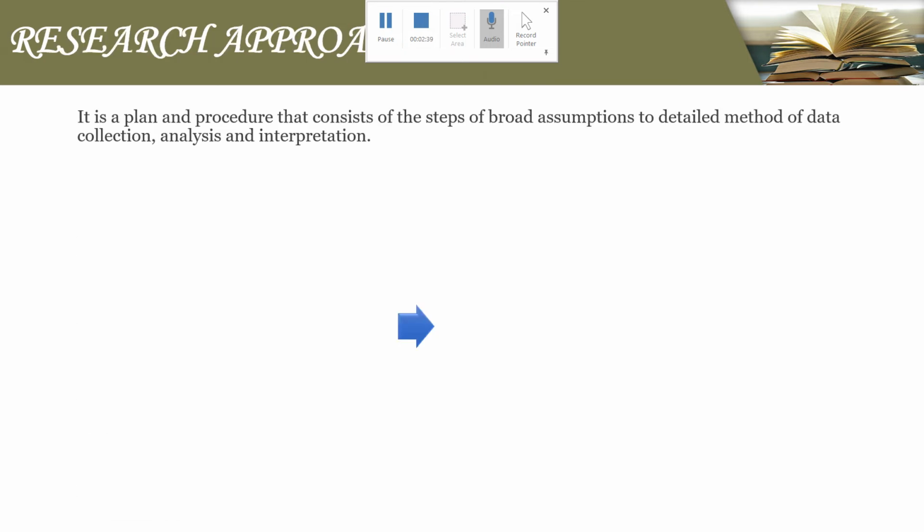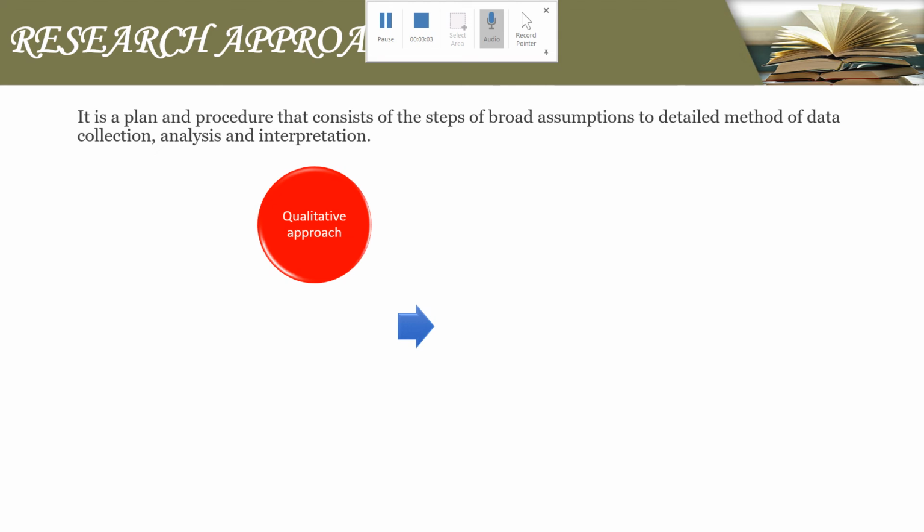We are now moving on to the research approach. When you talk about research approach, it is the plan or the procedure that consists of the steps of broad assumption to detailed method of data collection, analysis, and interpretation. What we are trying to mean is that it is the knowledge and the philosophical assumption behind how data is being collected, analyzed, and interpreted in a research.